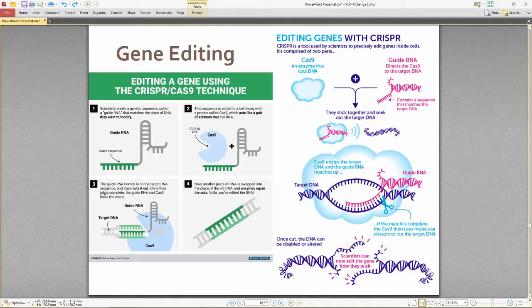Step 3, the guide RNA binds to the DNA at the gene or sequence of interest, and then Cas9 makes a cut. After that, another piece of DNA can be swapped into the place of the old DNA, and then enzymes repair the cuts, and theoretically, you have edited DNA.